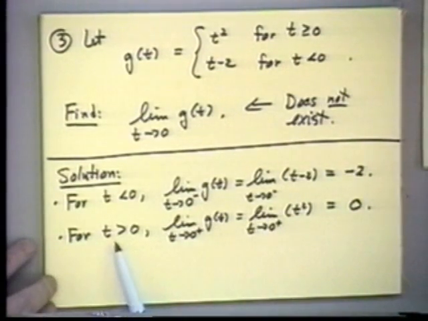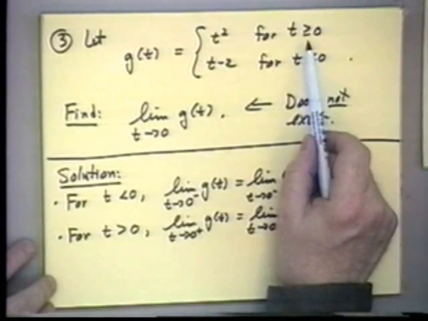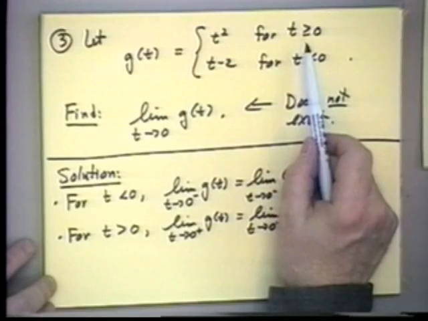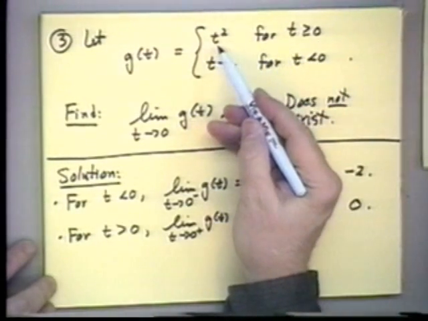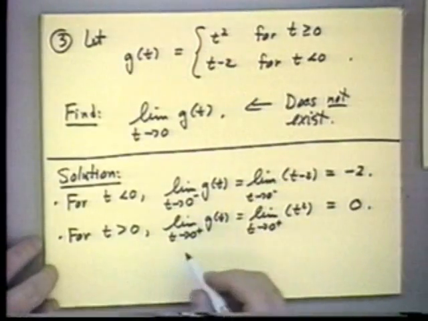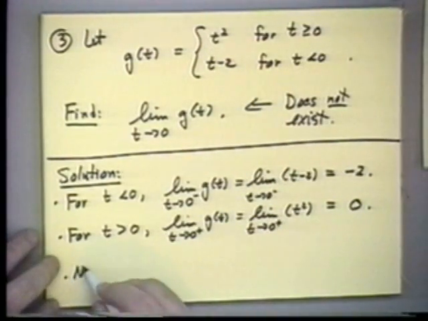Did you notice when I wrote t greater than 0, but that the function is actually defined for t greater than or equal to 0? Well, with t equal to 0, the function is going to have the value t squared, so I can gain one more piece of information.